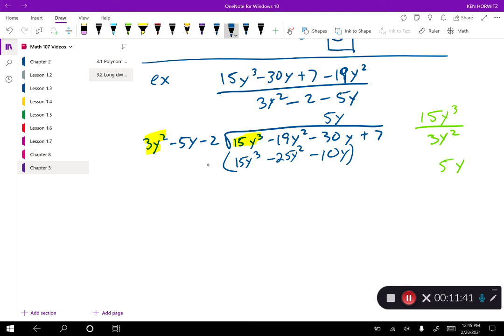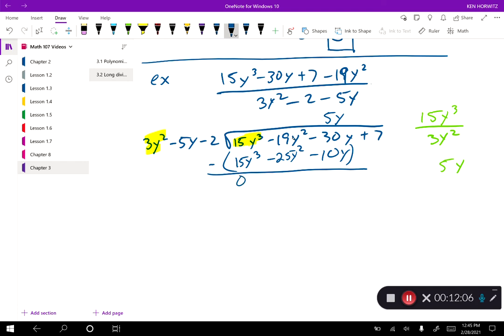Again, same as before, I'm going to put a parentheses around it. The parentheses helps me make sure that I remember to distribute that negative. All right, so if your problem with long division in the past has been that you always forget to distribute that negative, the parentheses helps you remember. So 15y cubed minus 15y cubed is 0.